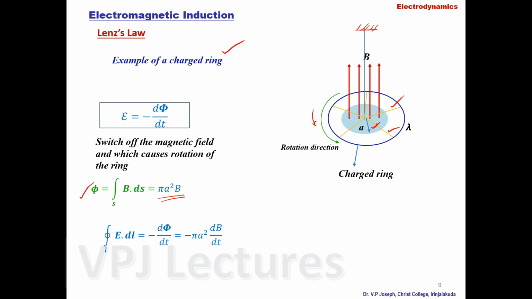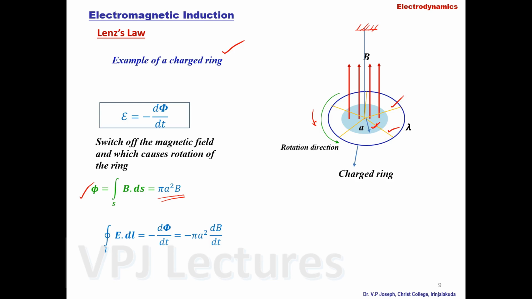So pi a square is the area in the magnetic field. The line integral E dot dl is equal to minus d phi by dt, which becomes minus d by dt of pi a square B, or pi a square into dB by dt.